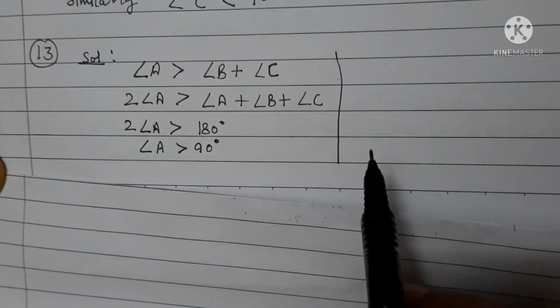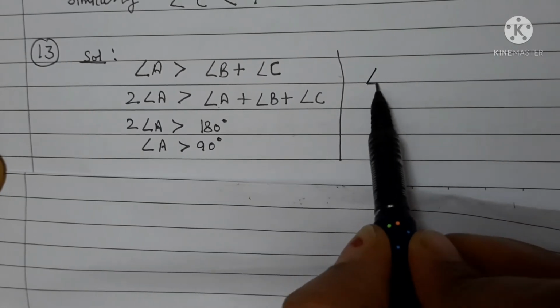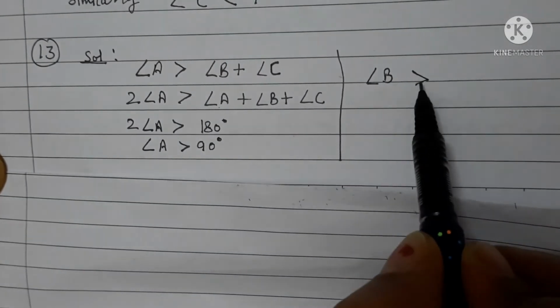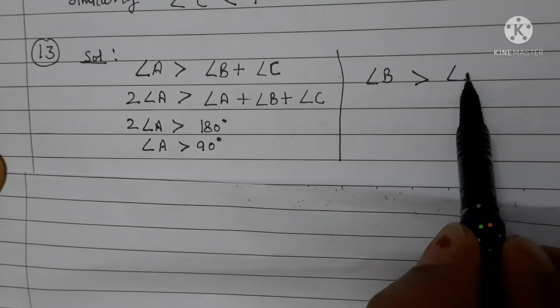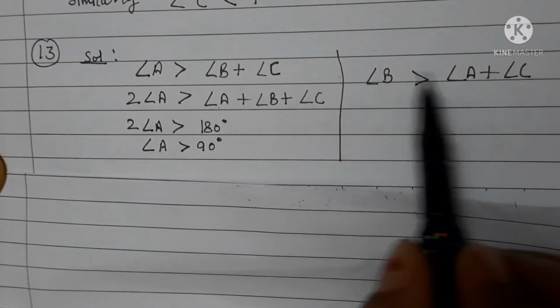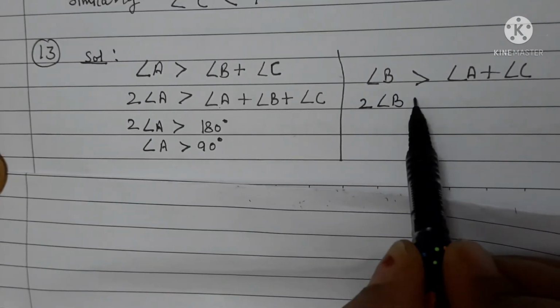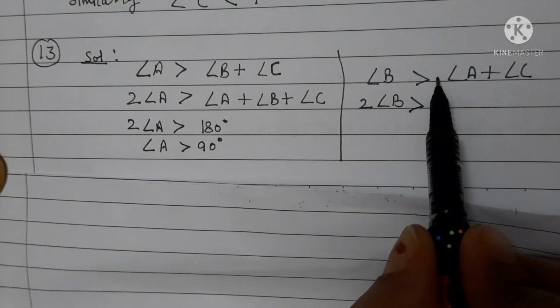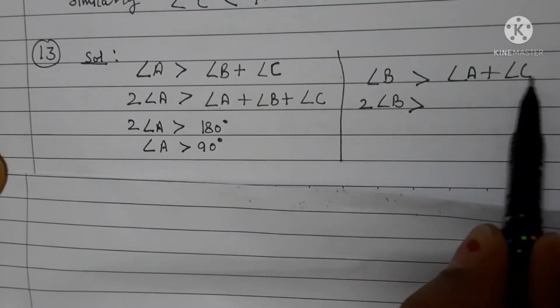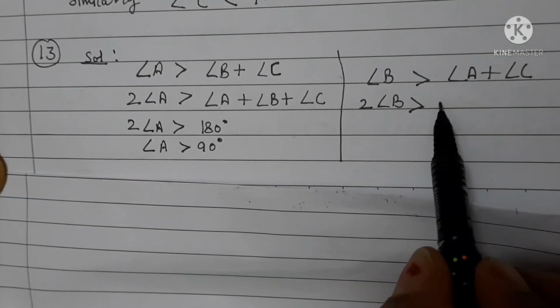Now taking the other pair for angle B. So angle B is greater than the sum of the other two. It means angle A plus angle C. Add angle B on both sides. So this becomes 2 angle B is greater than, here also angle A plus B plus C. Now I am showing steps.